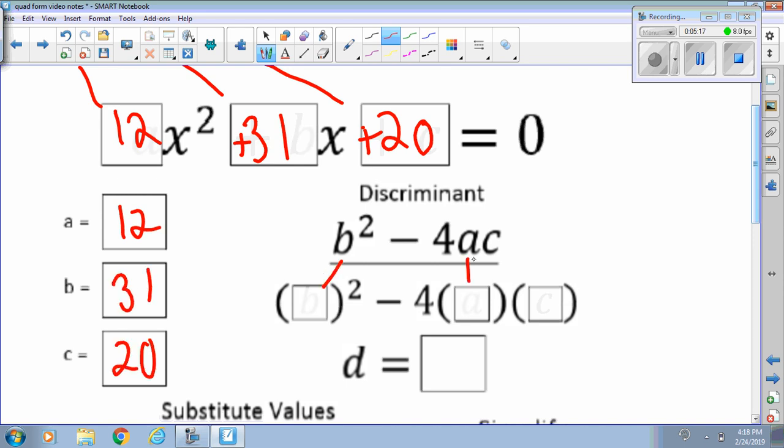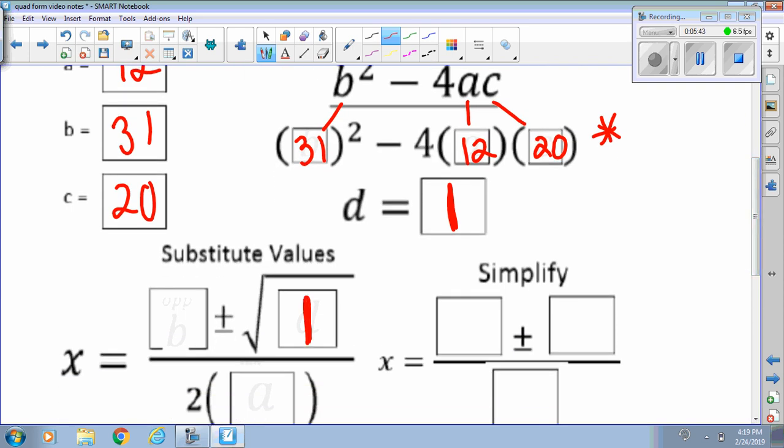And find the discriminant. B is 31, A is 12, C is 20. Calculate this. Do not forget parentheses. So 31 squared minus 4 times 12 times 20. That should give you a discriminant of 1.